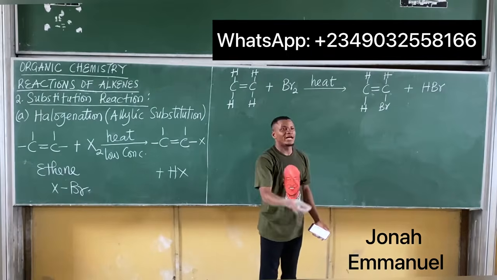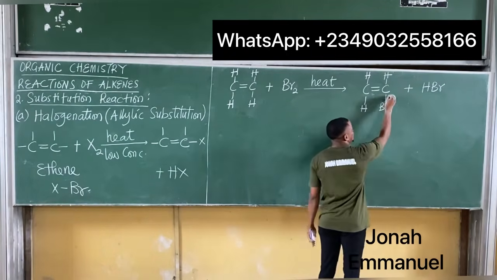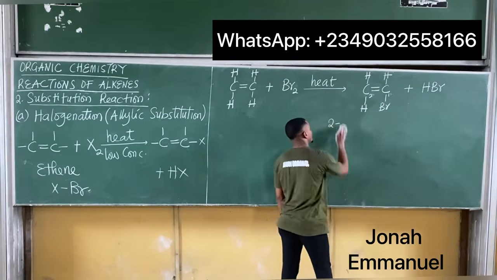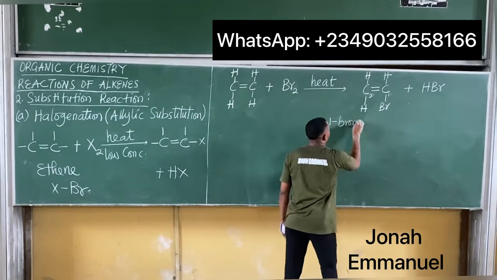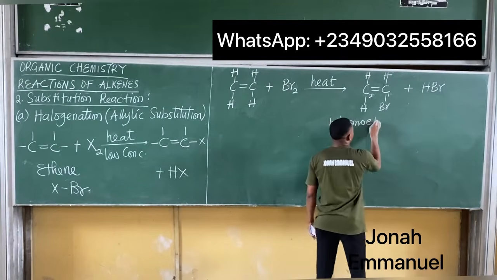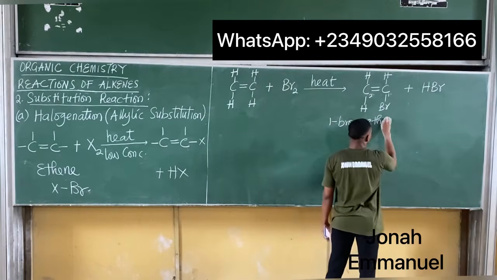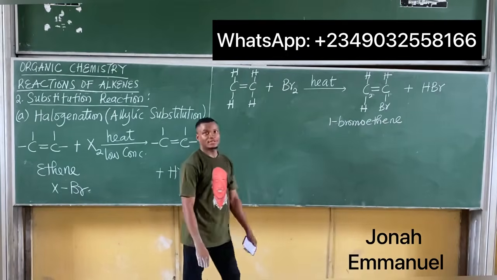Shift your focus to what there? The substituent. If I shift my focus, it becomes this one here. So this is 1, this is 2. So it becomes 1-bromo, because there can be no 2-bromo at 2. So 1-bromobut-2-ene. That's it.